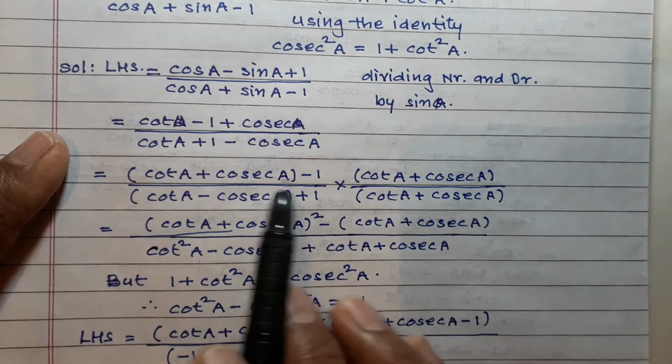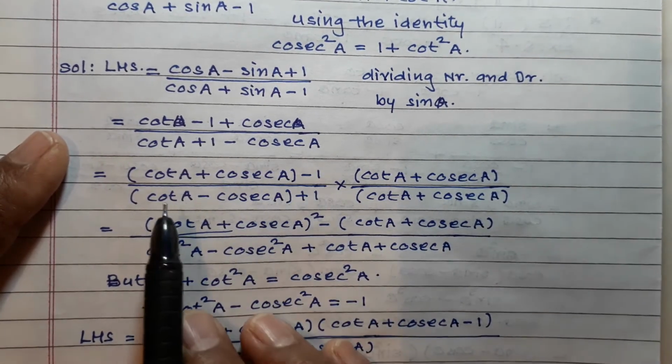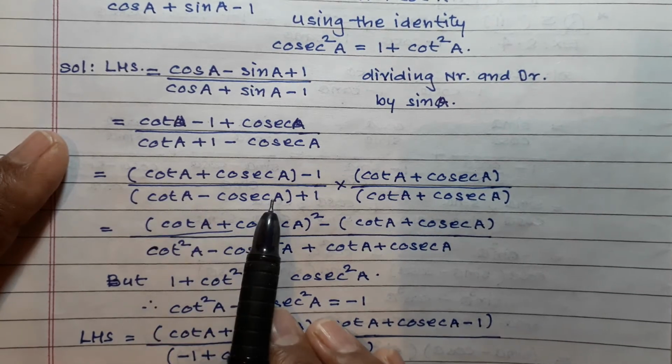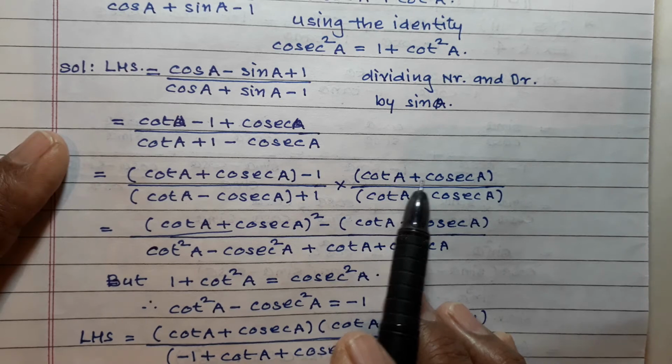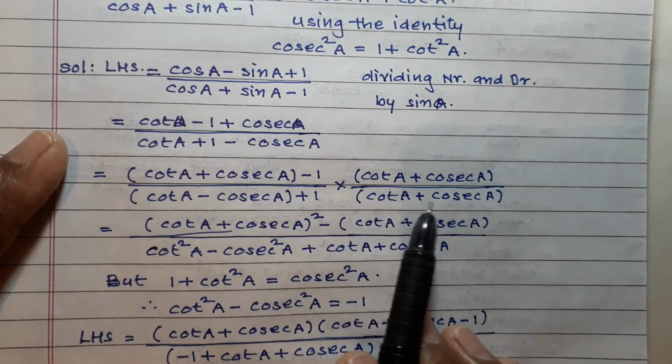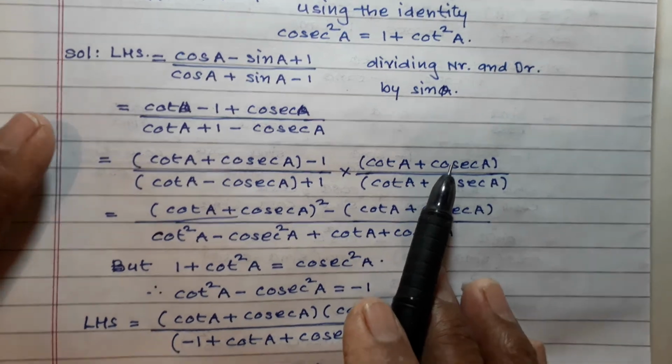So this is equal to (cot A plus cosec A minus 1) upon (cot A minus cosec A plus 1) into (cot A plus cosec A) upon (cot A plus cosec A), and then you simplify this.